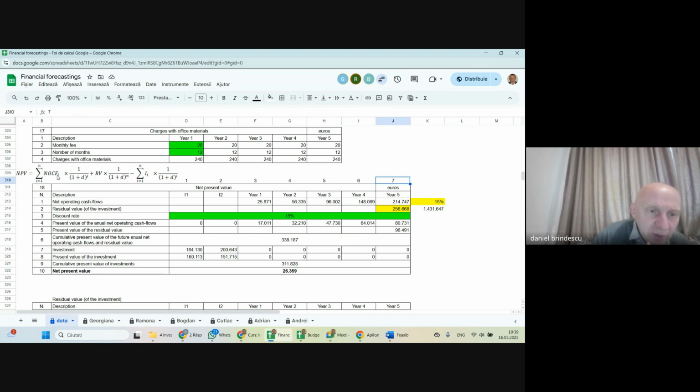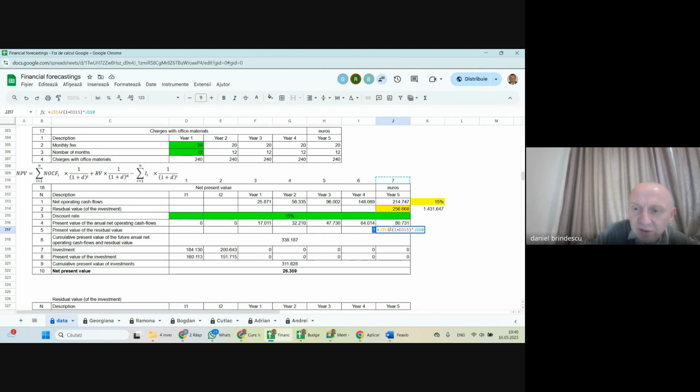Net operating cash flow from the year i, 1 up to 7, times 1 over 1 plus the discount rate, at the power of the number of the year. And to that, we add the present value of the residual value that we have calculated here.